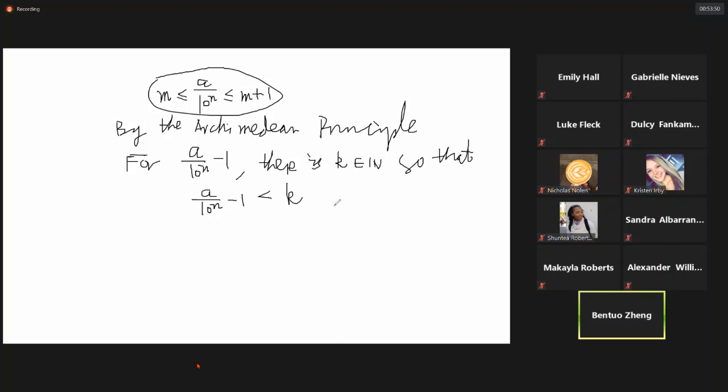So in other words, the set of upper bounds for the number a over 10 to the n minus 1 is not empty. We use the property for natural numbers: any nonempty subset of the natural numbers has a minimum.